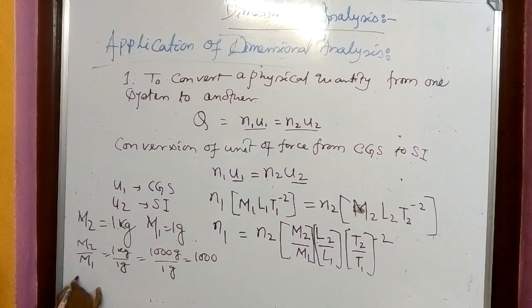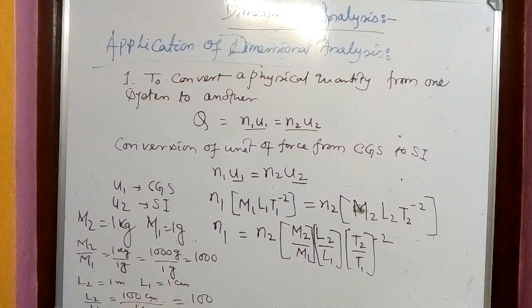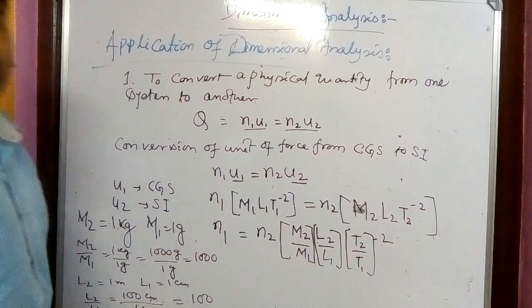Similarly L2 equals 1 meter, L1 equals 1 centimeter, L2 by L1, that is 100 centimeter by 1 centimeter, that is 100. And you see T2 and T1, both in CGS and SI, it is second. So no need to make any conversion here.